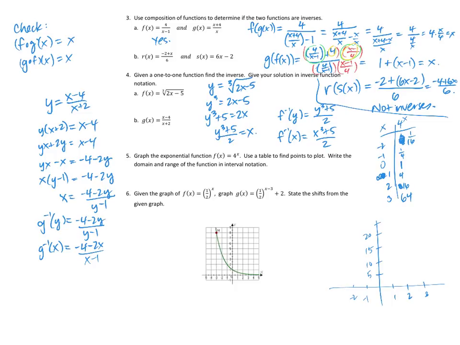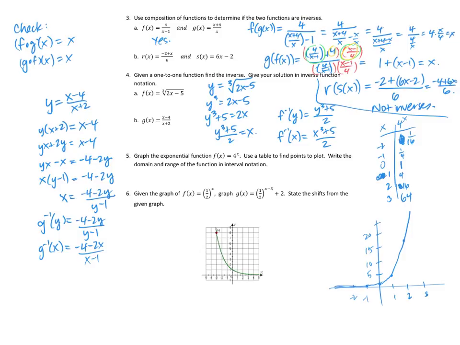Okay, so if I were to plot some points here, at 0 the function is at 1, at 1 we're at 4, at 2, 16, because 4 squared is 16. And then the third would go like that. And then at negative 1, we're at 1/4. And then 1/16, and so on. And so it's going to have this asymptote like that. Okay, it's not going to cross there.